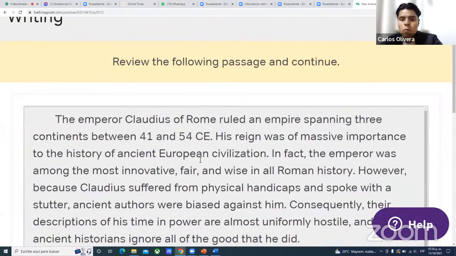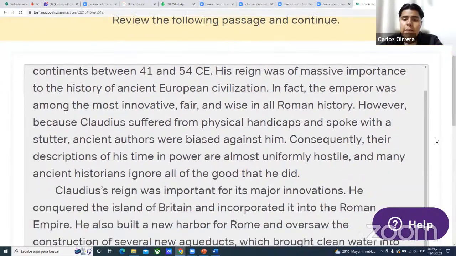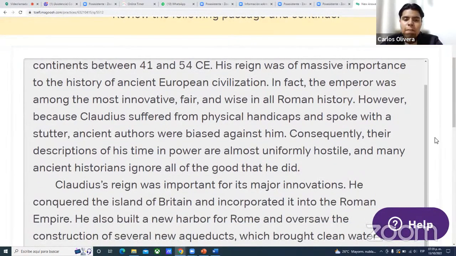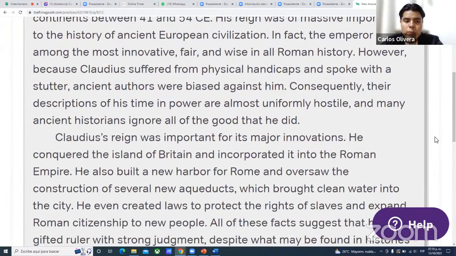The Emperor Claudius of Rome ruled an empire spanning 3 continents between 41 and 54 CE. His reign was of massive importance to the history of ancient European civilization. In fact, the emperor was among the most innovative, fair, and wise in all Roman history. However, because Claudius suffered from physical handicaps and spoke with a stutter, ancient authors were biased against him. Consequently, their descriptions of his time in power are almost uniformly hostile, and many ancient historians ignore all of the good that he did.